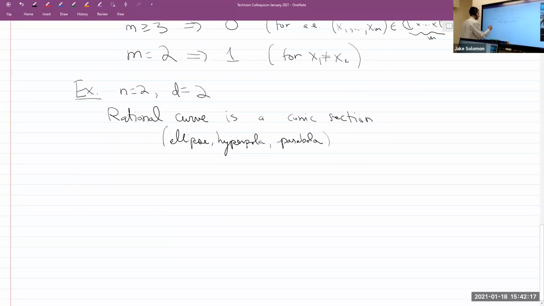And now if we have m equal to, should I say 4 or less, then what turns out is we get an infinite number of conic sections through 5 points, through 4 points or less, conic sections through m points.